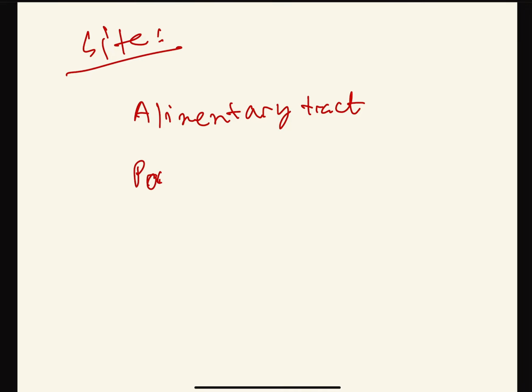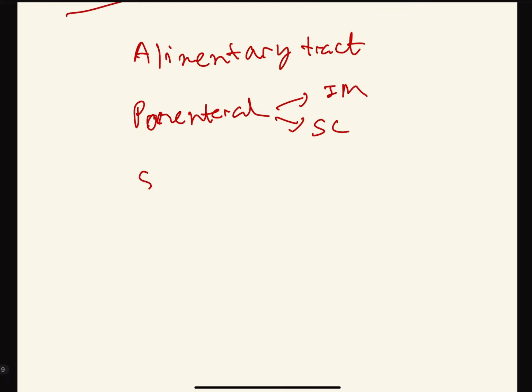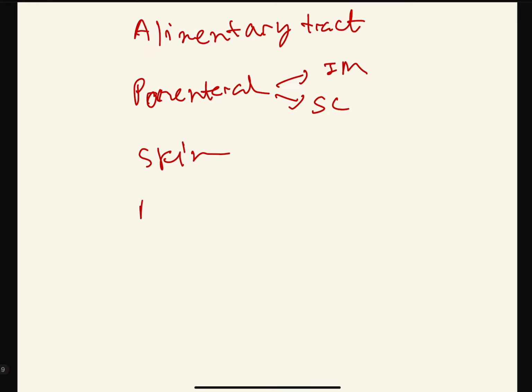It can be parenteral, like intramuscular, okay, or subcutaneously. We can apply the drug onto the skin, and there is also the respiratory tract by taking the drug by inhalation. Okay.